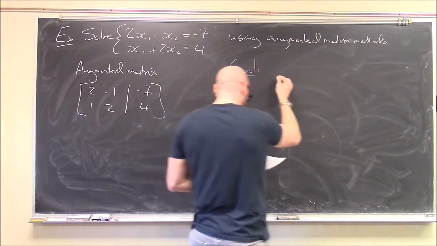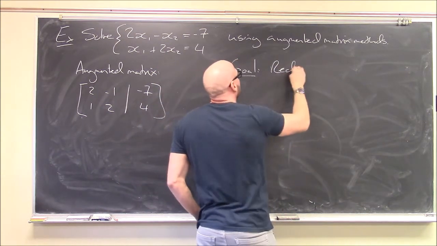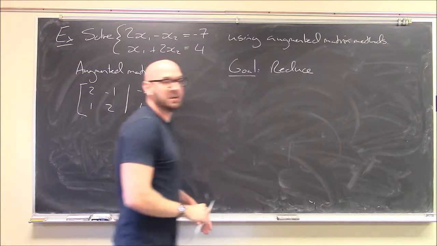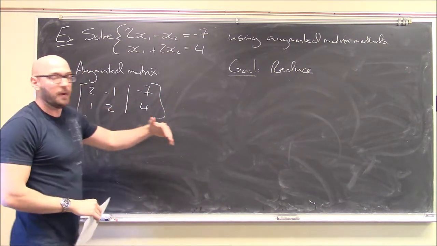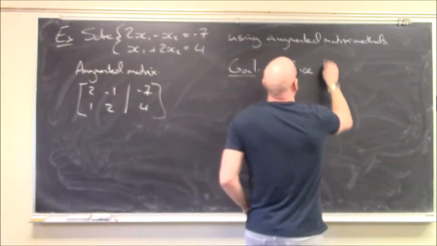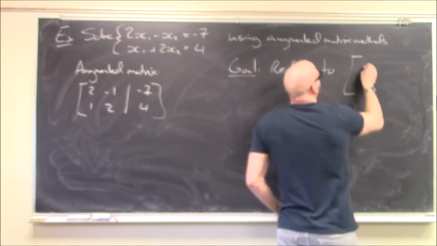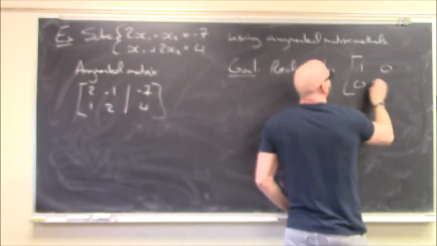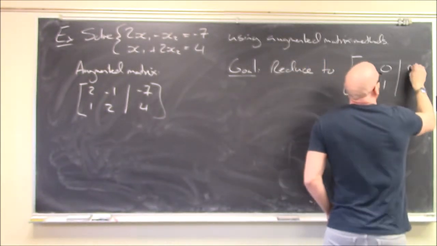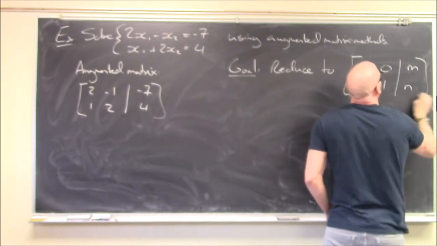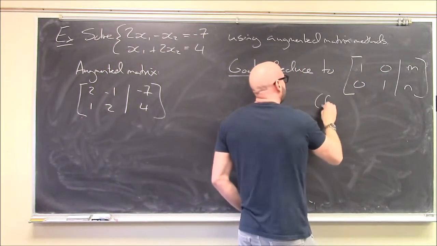The goal is to apply row reduction techniques to reduce it to the following form. Reduce to the form 1, 0, 0, 1, and some constant if possible.